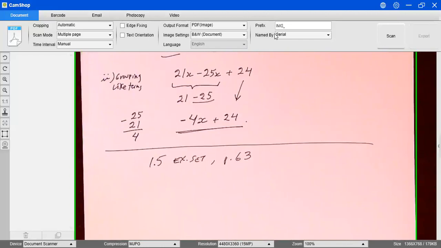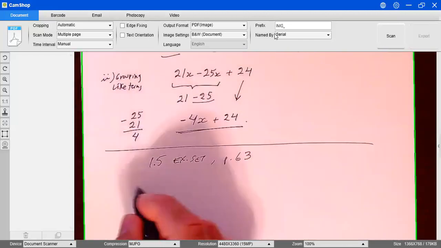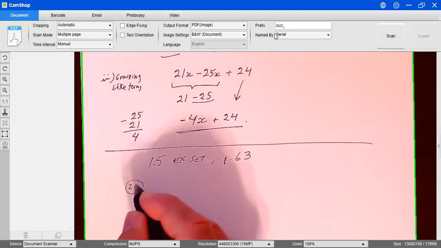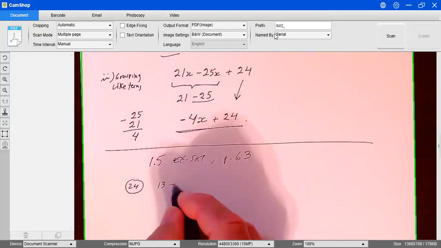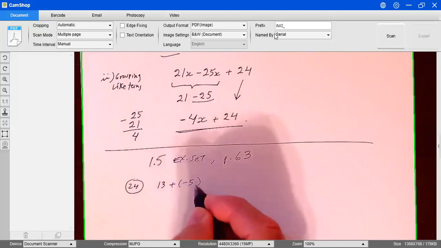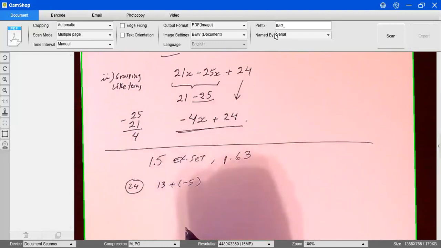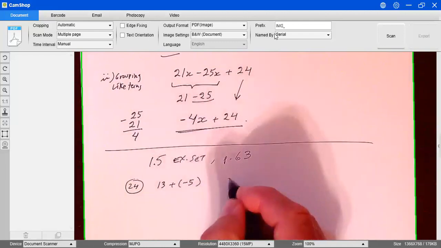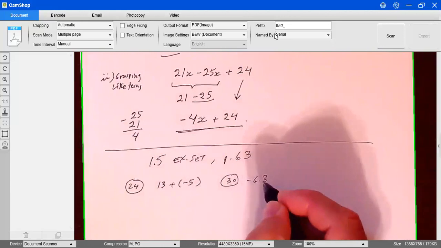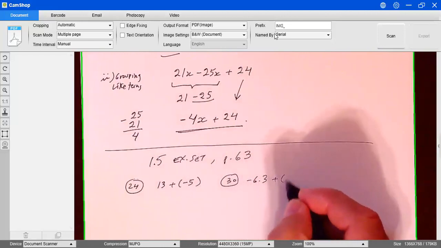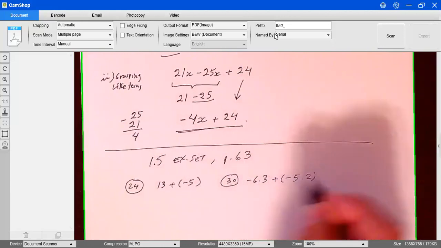So you're going to work number 24. This is just 13 plus -5. Then 30 is just -6.3 plus -5.2.